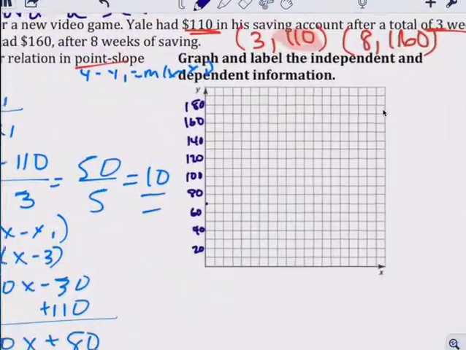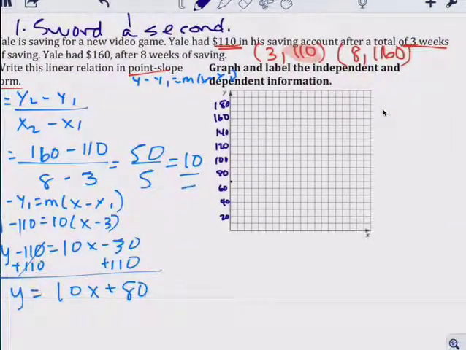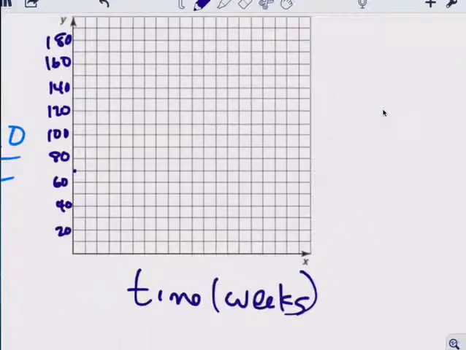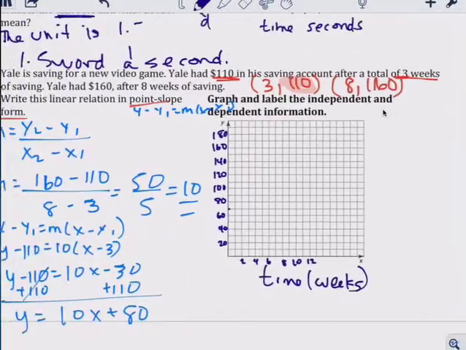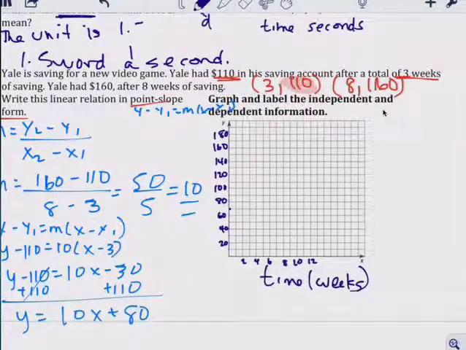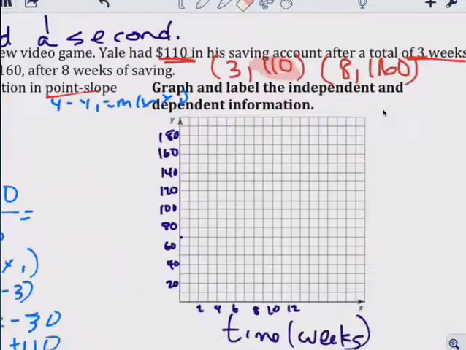Okay, so this one here is time in weeks, 2, 4, so times in weeks. And this is total savings in dollars. Okay, I'm going to erase this because I took up too much space.